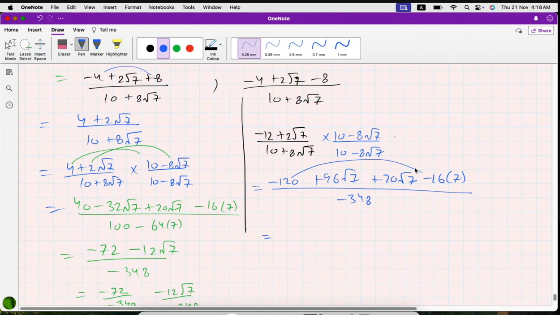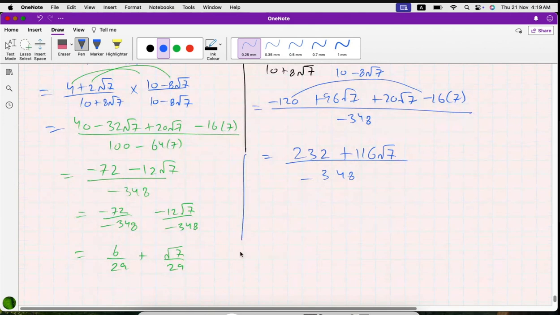Now we solve these numbers. 120 minus 16 times 7 is 232, whereas 96 plus 20 is 116, over 348.